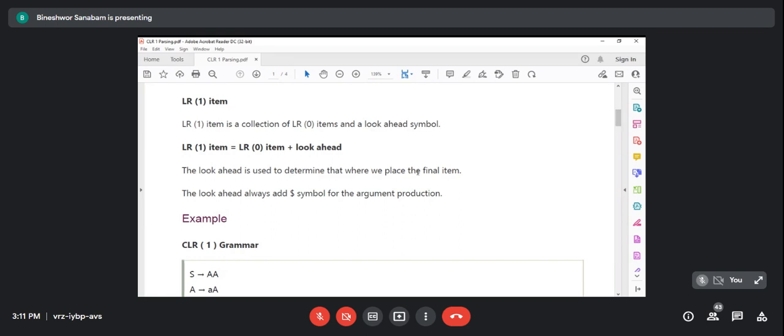If you take the example S implies AA, if you have a dot anywhere in the right hand side of your production, we call that an LR0 item. When we're talking about LR1 items, we have to include one more thing, that is a look ahead.